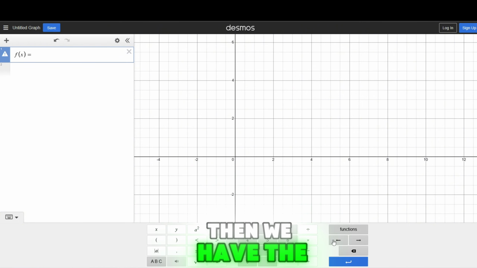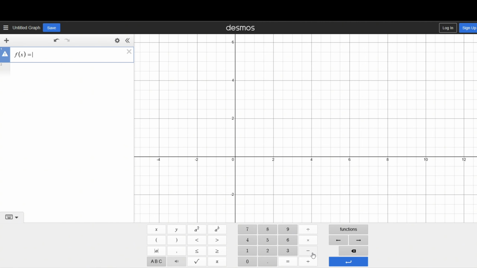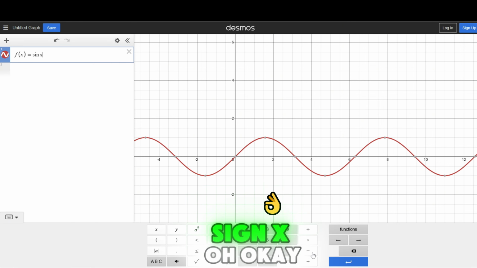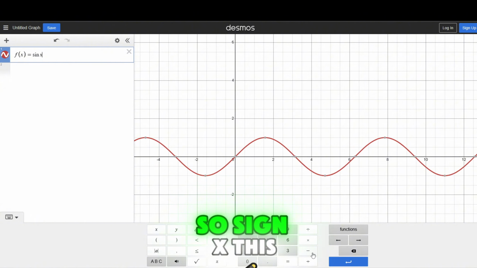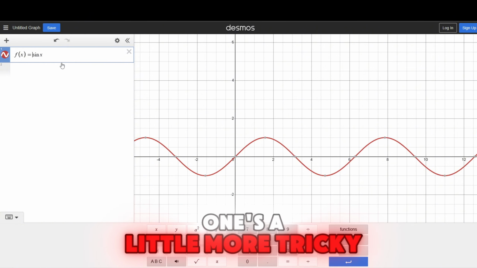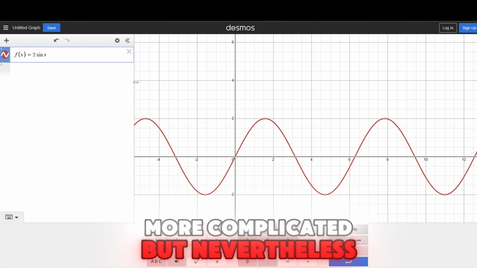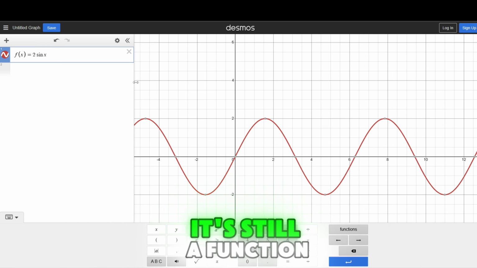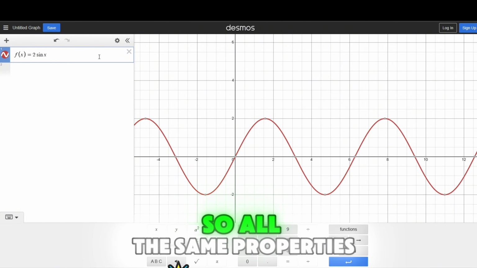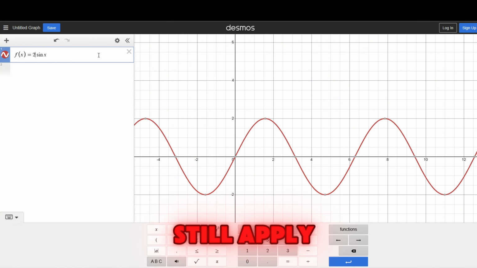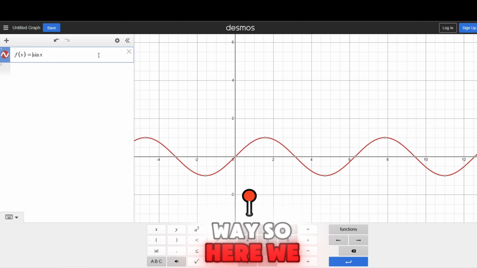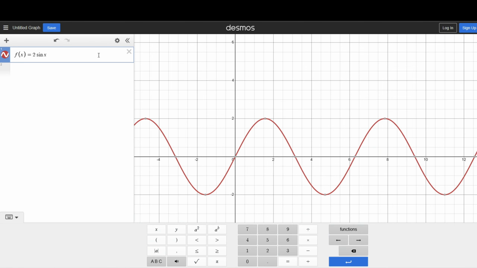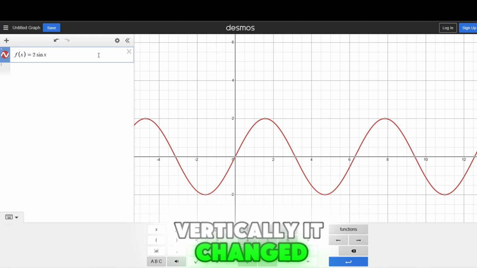Then we have the... give me a second. Sine x. Oh, okay, that works. Okay, so sine x. This one's a little more tricky, a little more complicated, but nevertheless, it's still a function. So, all the same properties still apply, just in a different way. So here, we can see that, vertically, it changed.